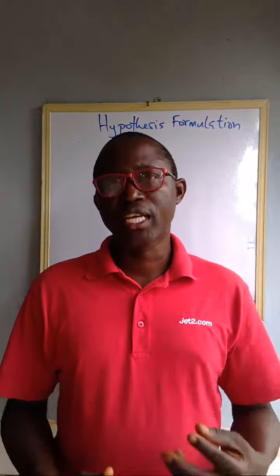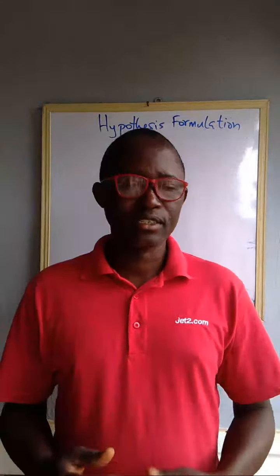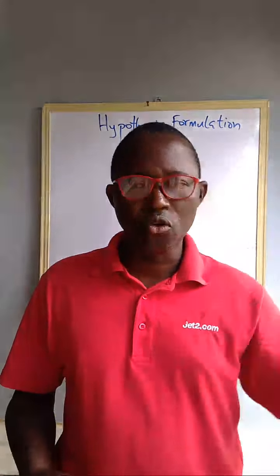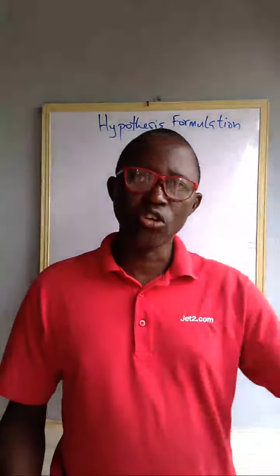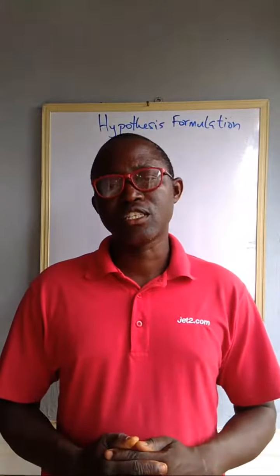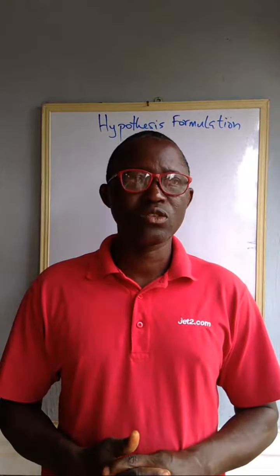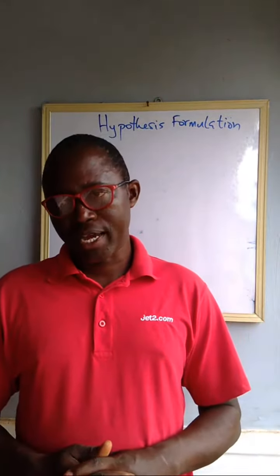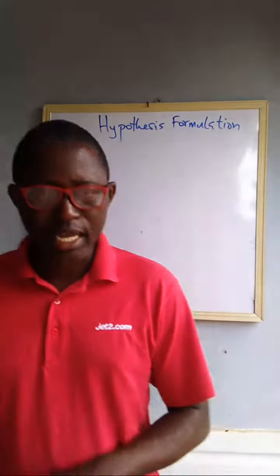Then you make a guess that this should be the effect of this variable over this, and this should not be the effect. So it's a guess, and your statistical analysis, your research analysis will confirm whether you are right or wrong. So that is a hypothesis.